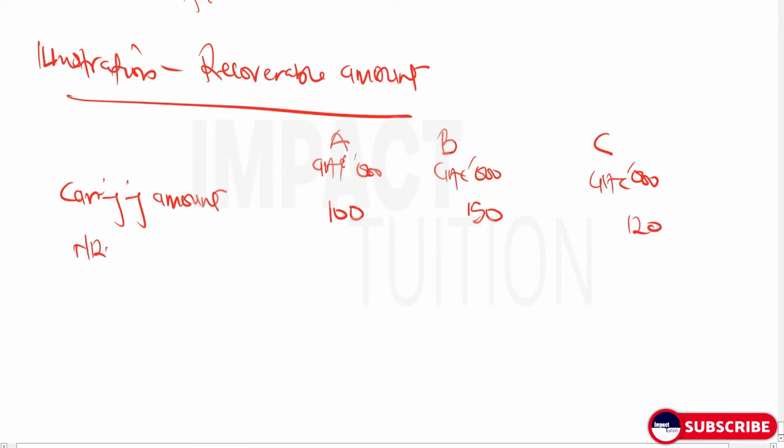The net realizable value, which is the same as the fair value less cost to sell, we have 110, 125, and 100.